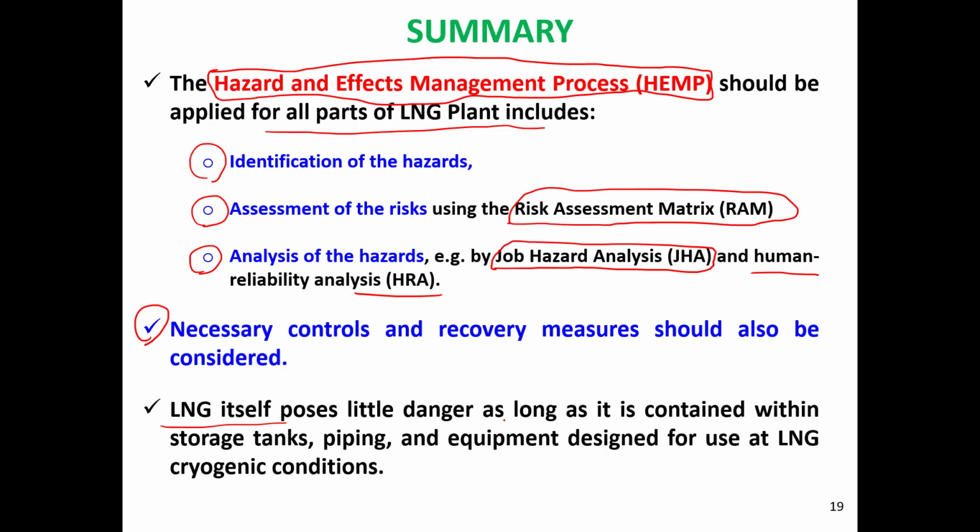It doesn't pose a huge danger as long as it is contained inside storage tanks, piping and equipment designed for those cryogenic conditions. But if there is a spill or leak, or if it is converted to the vapor phase, under certain conditions it can be dangerous. It can be a hazard issue, so we have to plan for all those conditions when designing the plant.